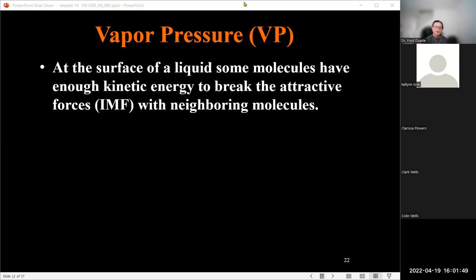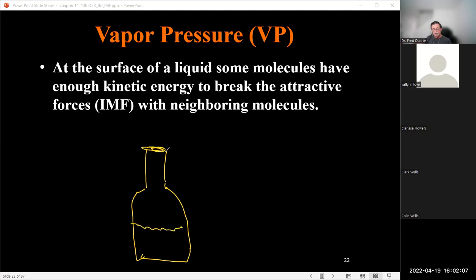The best way to think about vapor pressure, I think, is a soda pop container. And so we got the soda pop here. And then we have the liquid of soda pop. And actually got the cap on it. Okay, it's been capped up. Well, we know that there's gas molecules in the open space up here.